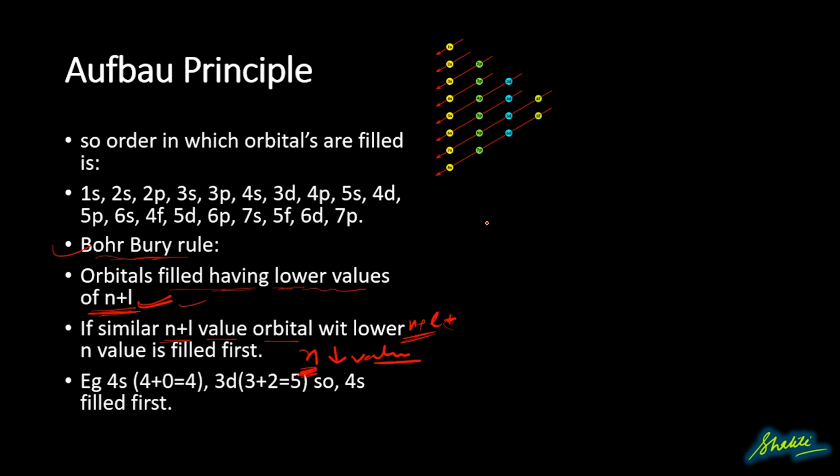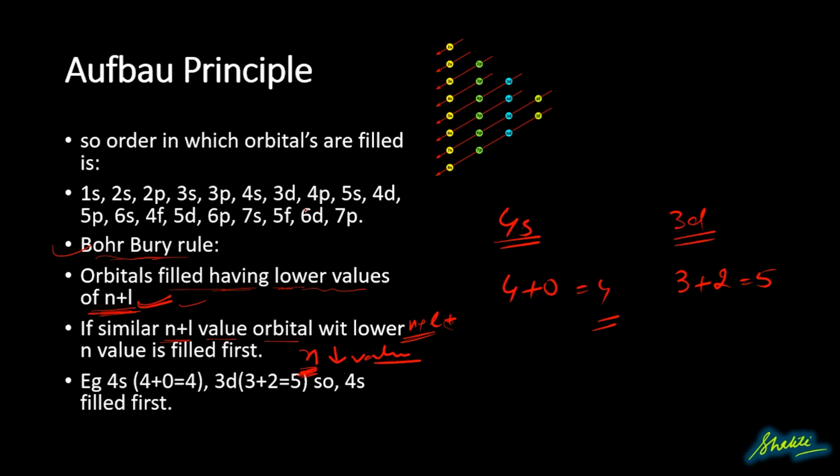For example, take 4s: 4 plus 0 equals 4. And if we take 3d, here 3 plus 2 is 5. So 4s is filled first and 3d is filled after 4s.